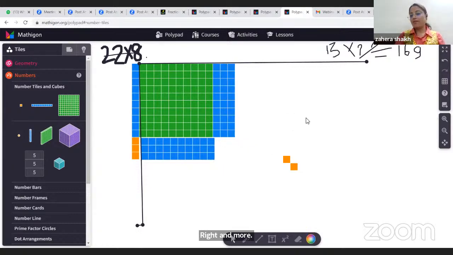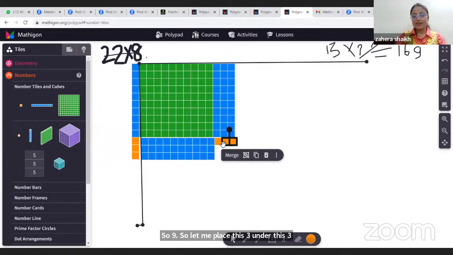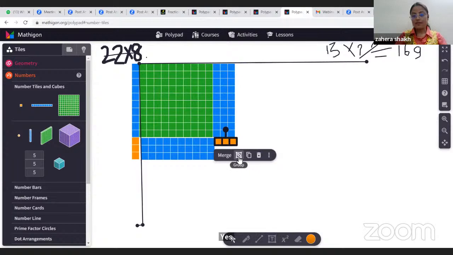Now I have full tens rods, but I can see that I am missing the ones units. How many ones do I need to place over here? 9. So let me place these 9 under this. Group, copy, copy.